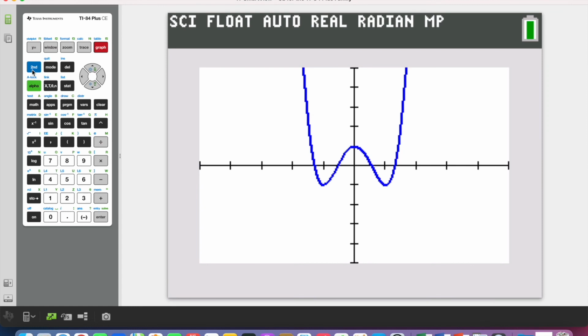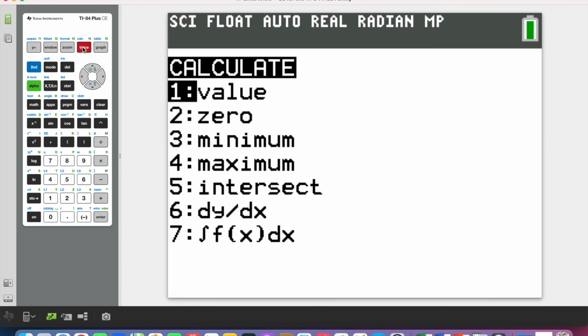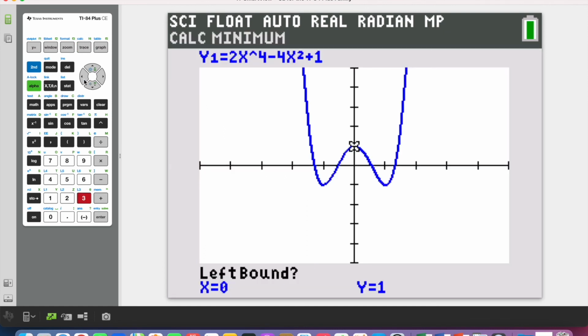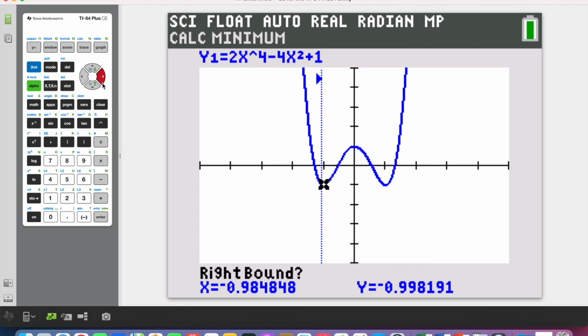If you want to see the local minimums, press number 3 and bring the cursor near the minimum point, enter the left bound, and then the right bound. So we have the minimum point as approximately (-1, -1), and that is correct.